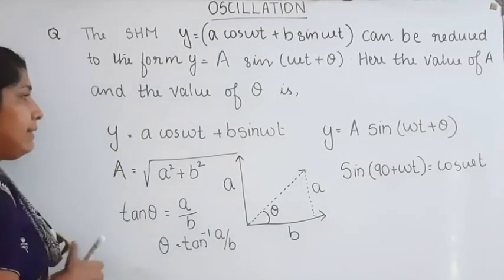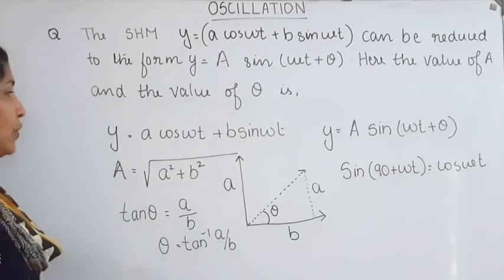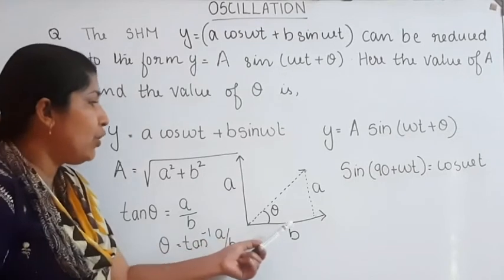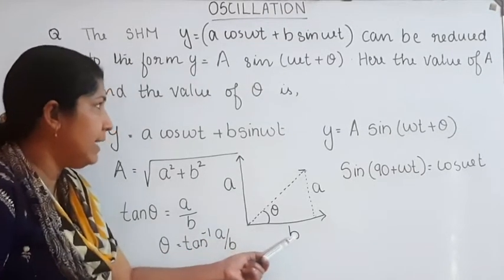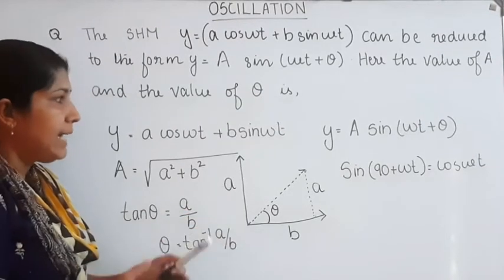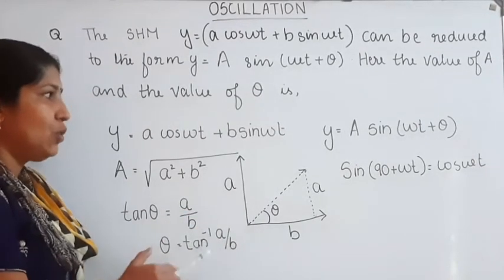Here sin omega t and cos omega t are at an angle of 90 degrees, so the coefficient of sin omega t is taken here and that of cos omega t is taken here, because sin(90 plus omega t) is equal to cos omega t.